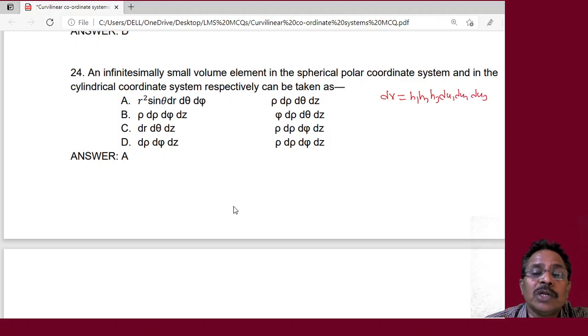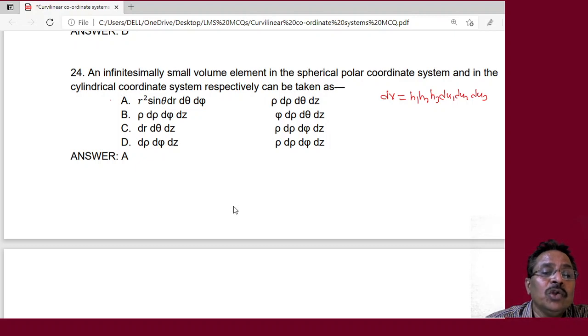So use this formula. Here, 1, r and r sine theta are the three different h1, h2, h3 in case of the spherical polar coordinate system, multiplied by dr, d theta, d phi.